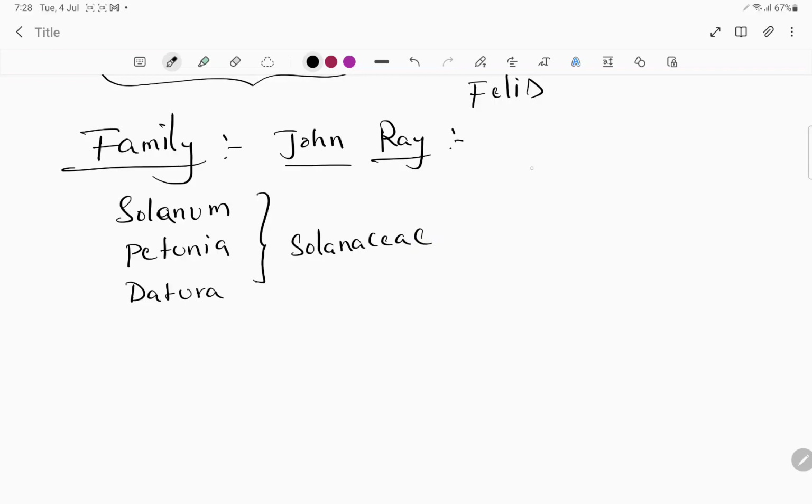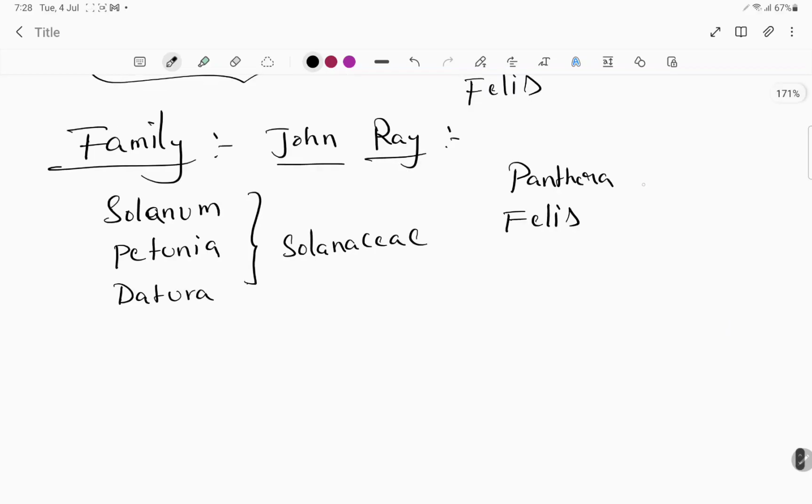Examples like Panthera and Felis come under the family called Felidae. So the cat family is Felidae, and the dog family is Canidae, respectively.